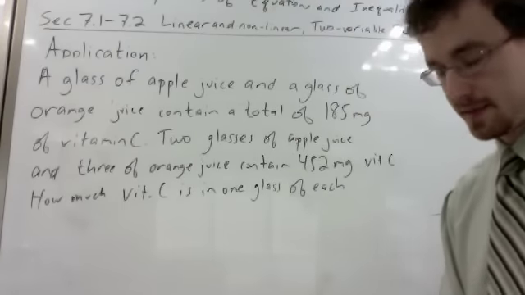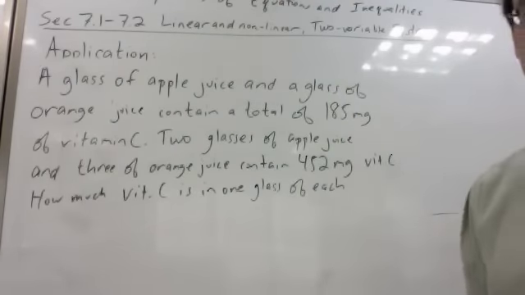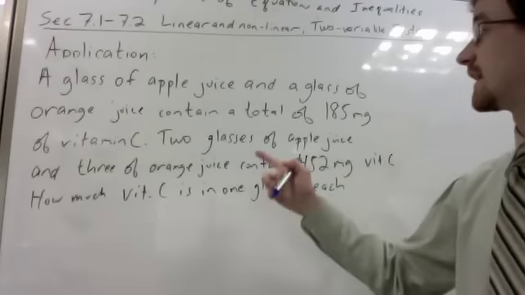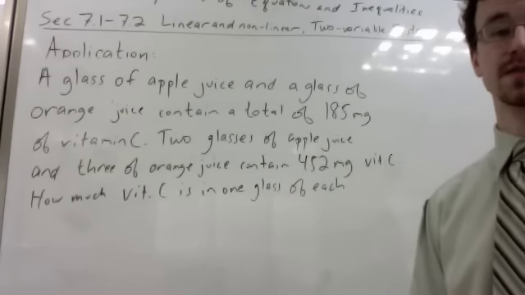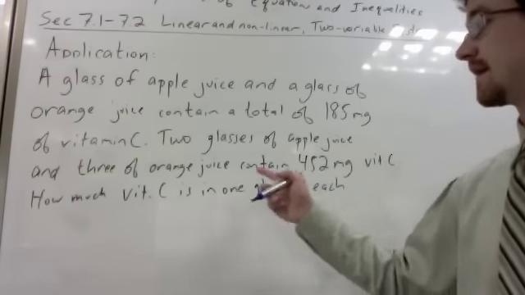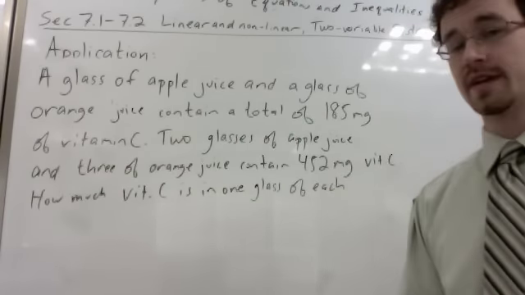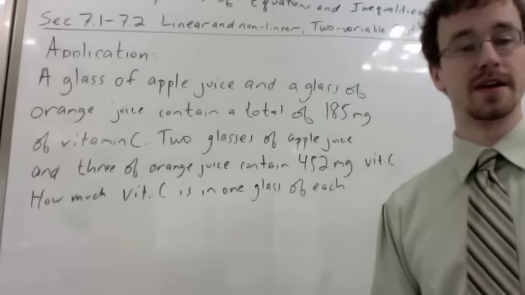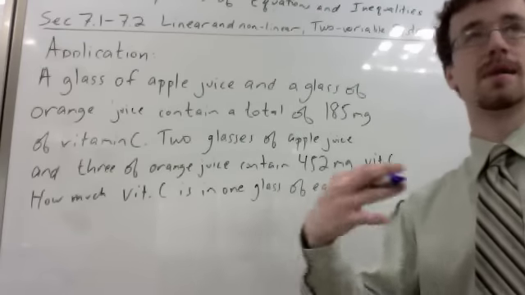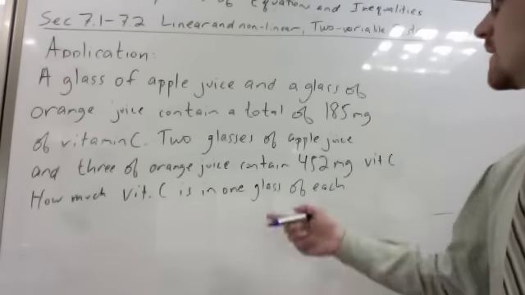One more example of an application. This problem: a glass of apple juice and a glass of orange juice contain a total of 185 milligrams of vitamin C. 2 glasses of apple juice and 3 of orange juice contain 452 milligrams of vitamin C. We want to figure out how much vitamin C is in a glass of orange juice and how much vitamin C is in a glass of apple juice.